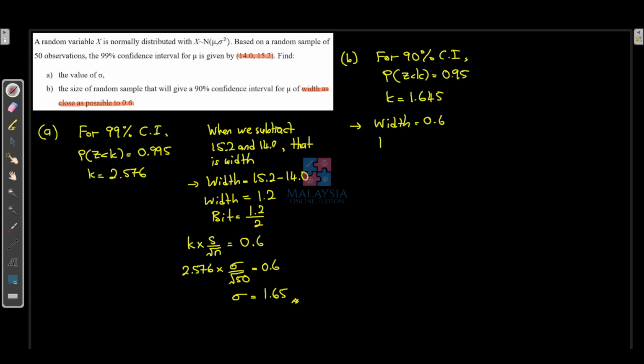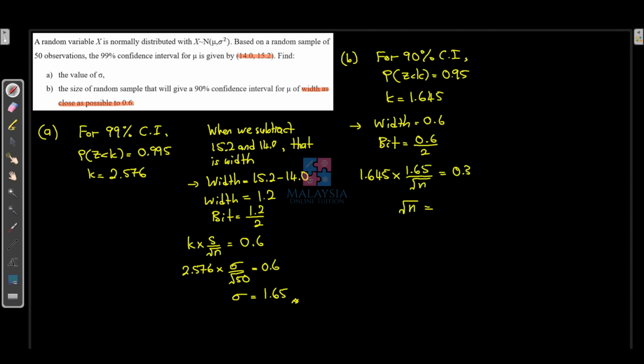So bit is going to be half of the width. We can replace the formula for bit, and then our k is 1.645 times our sigma, which is 1.65 correct to 3 significant figures, divided by square root n, equals 0.3. Now we need to find the value of n.